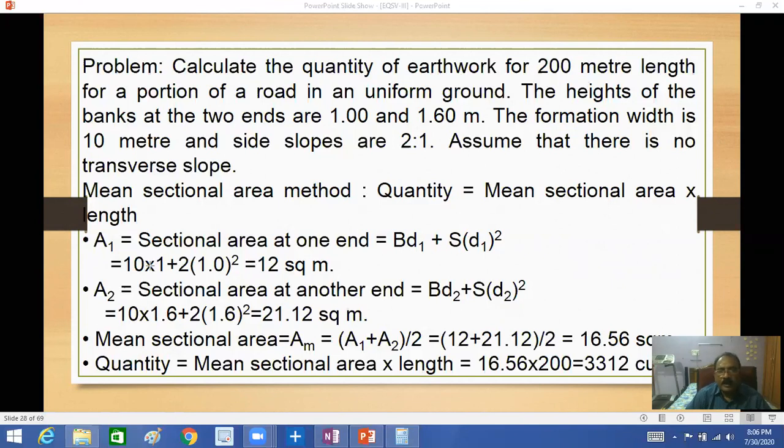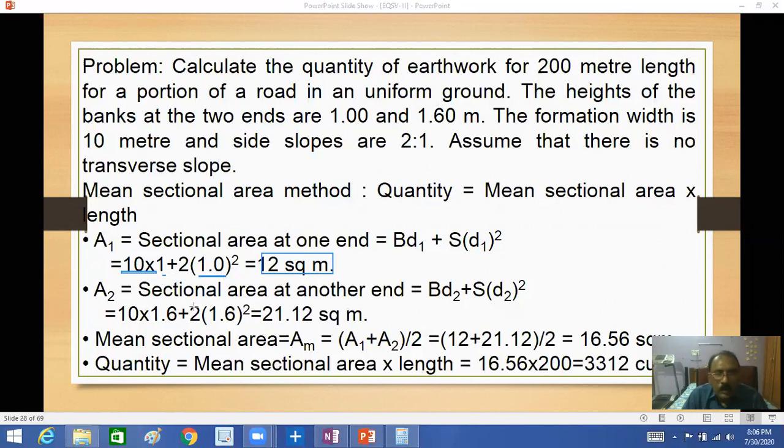We calculated A1 here by considering D1 as 1 meter and the formation width as 10 meters. So BD plus SD square gives 12 square meters.